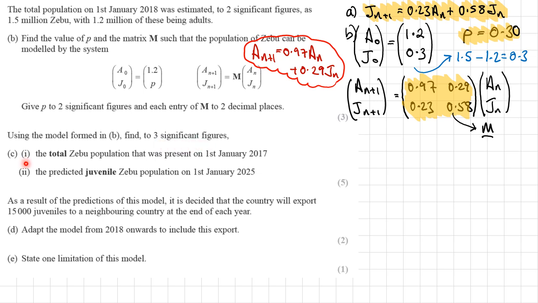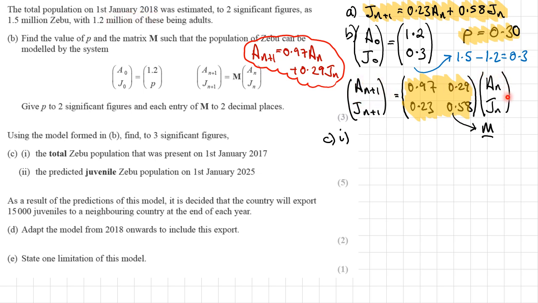The first part of part C is the total zebu population that was present on the 1st of January 2015, and then in the second part the predicted juvenile zebu population on the 1st of January 2025. So I need to find, for the first part of part C, the previous population to the 1st of January 2018.